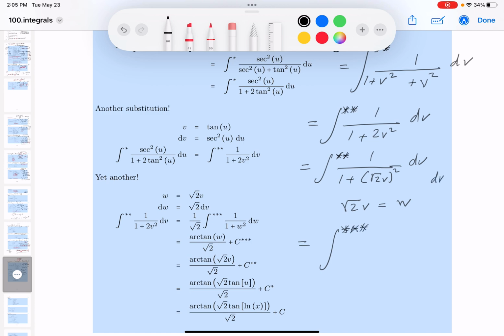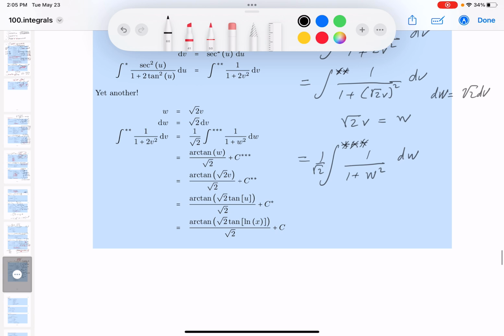By the way, dw is root 2 dv's. All right, let's write this down. So 1 plus w squared, and dv would be 1 over root 2 dw. I realize some people do that in their head. Nothing wrong with that. I tend to make mistakes when I do things in my head, though, by the way.